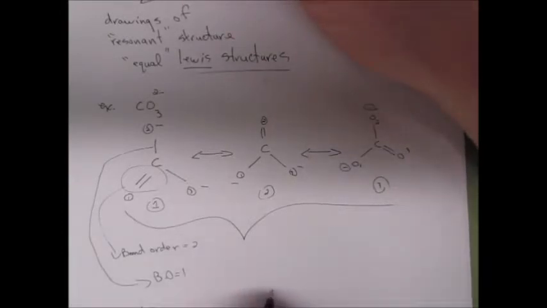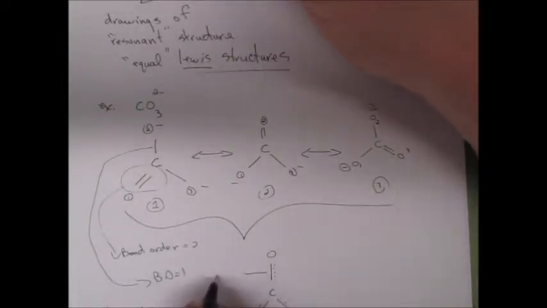So what they found out in reality, in the way that they show equal bonds, they draw dotted lines. So take a wild guess: each of these 3 bonds has a bond order equal to 1.33 repeated. Why?